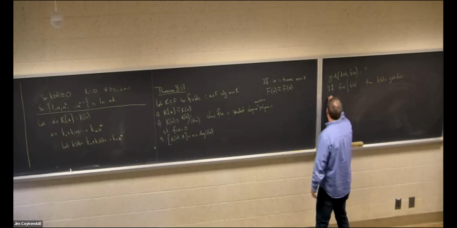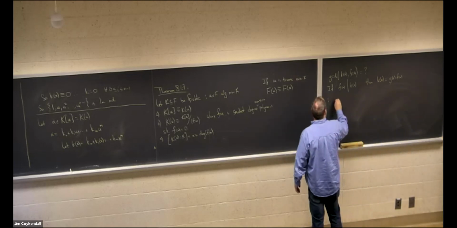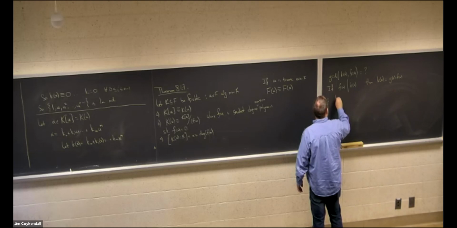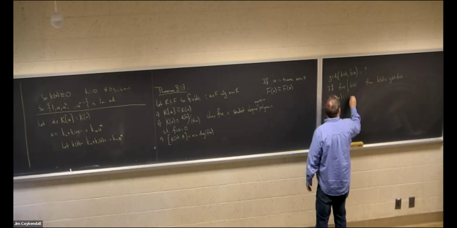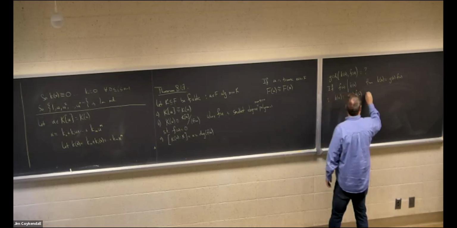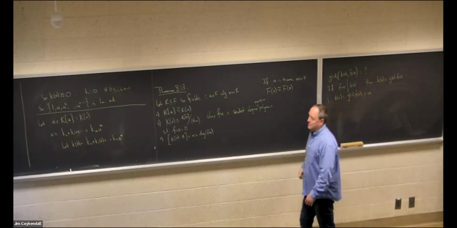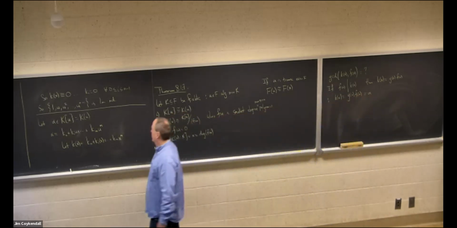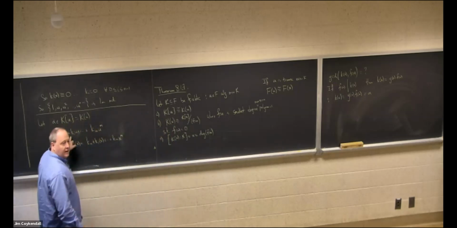And so k(u) equals g(u) f(u), which by the way is alpha, because k(u) is alpha.